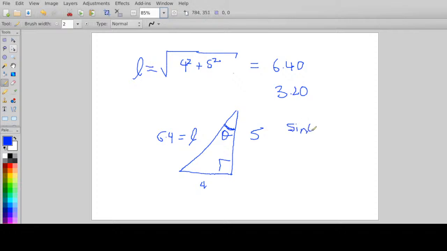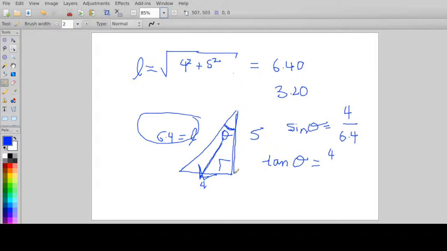So sine of theta. Remember that sine is defined as the opposite over the hypotenuse, so the sine is going to be 4 divided by 6.4. Then you take the inverse sine and you can get it that way. Another way, which is the way I did it last semester, since I did tangent a lot: tangent is opposite, 4, divided by adjacent, which is 5.